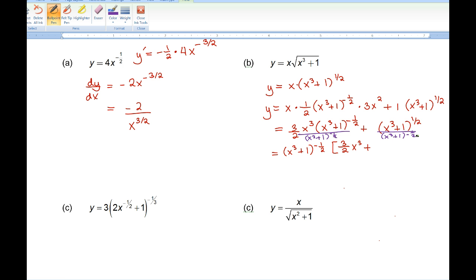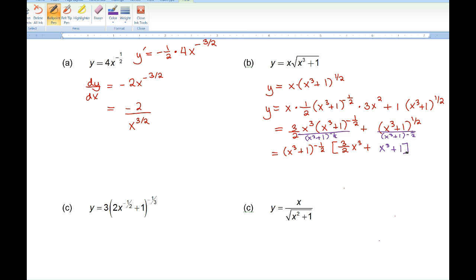These are identical, so what do you do with the exponents? You subtract them. So you end up with an x cubed plus 1. I think we might need to practice this factoring a little bit more, because this is important.